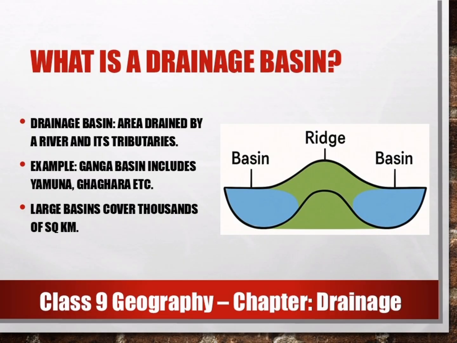That ridge is called the water divide. Water falling on one side flows into one basin, and water on the other side flows into a different basin. The Western Ghats are an example, as the water divide between east flowing and west flowing rivers in India.